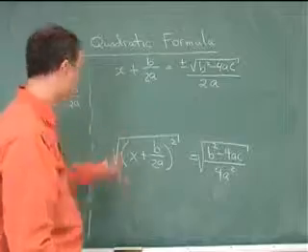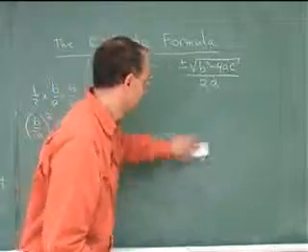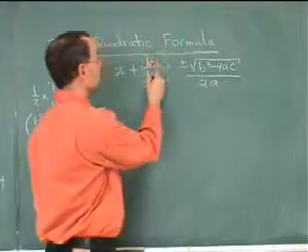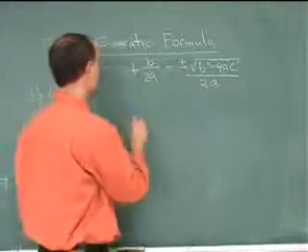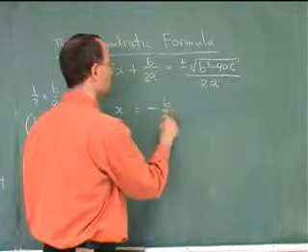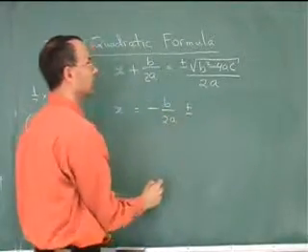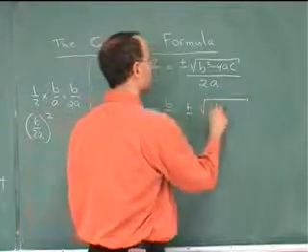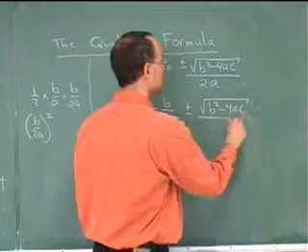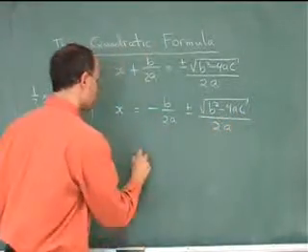Now I'm ready to solve for x. So I'm going to subtract the b over 2a to the other side, and so x looks like this. We have a negative b over 2a plus or minus the square root of b squared minus 4ac all over 2a.